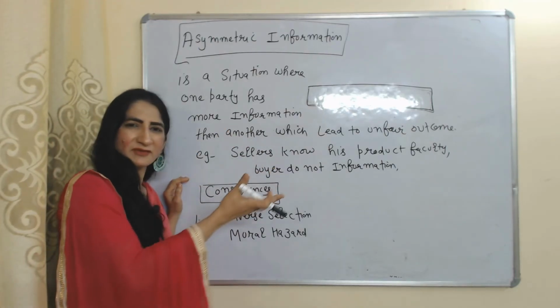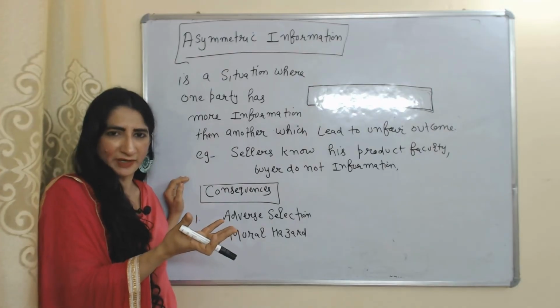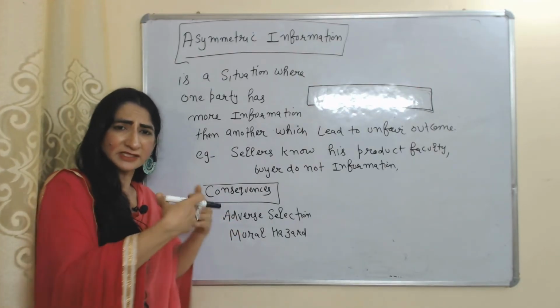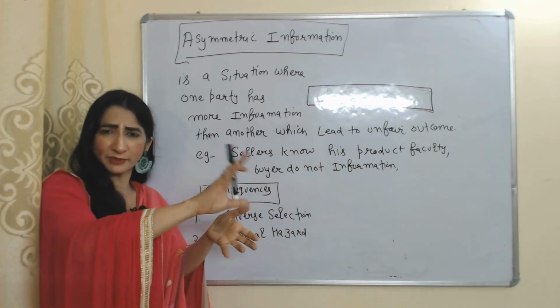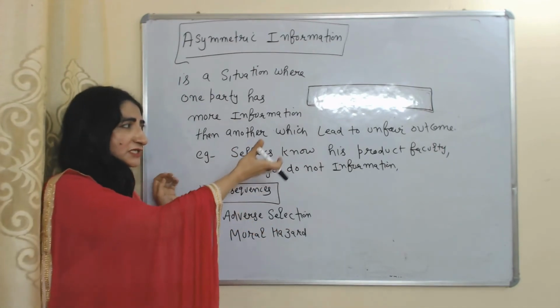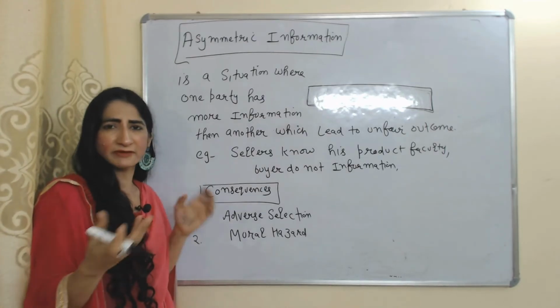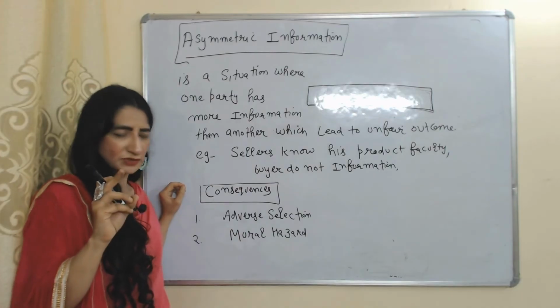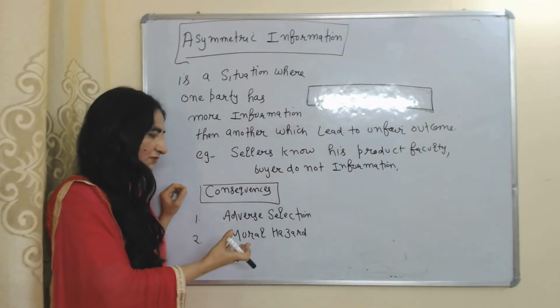But buyers don't have so much information about this product, and sellers will take advantage of this situation and still sell the faulty product to buyers, and obviously it will lead to an unfair outcome and our market will fail. And asymmetric information has two consequences: adverse selection and moral hazard.